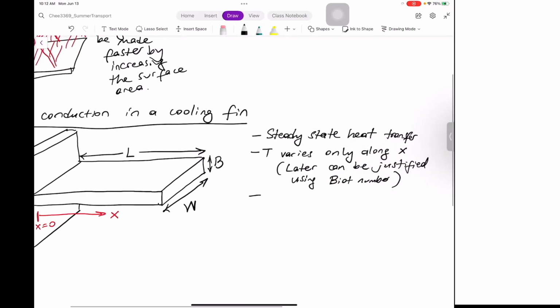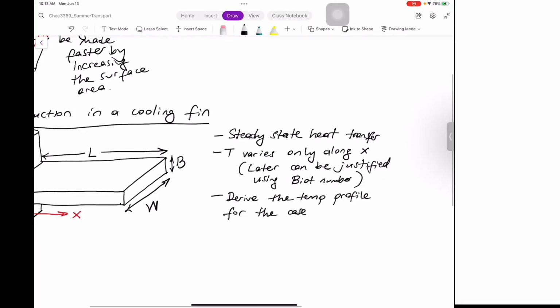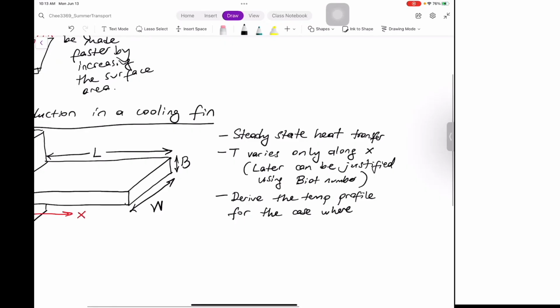And the task is, let's derive the temperature profile for the case where W and L are much larger than B. What does it mean?